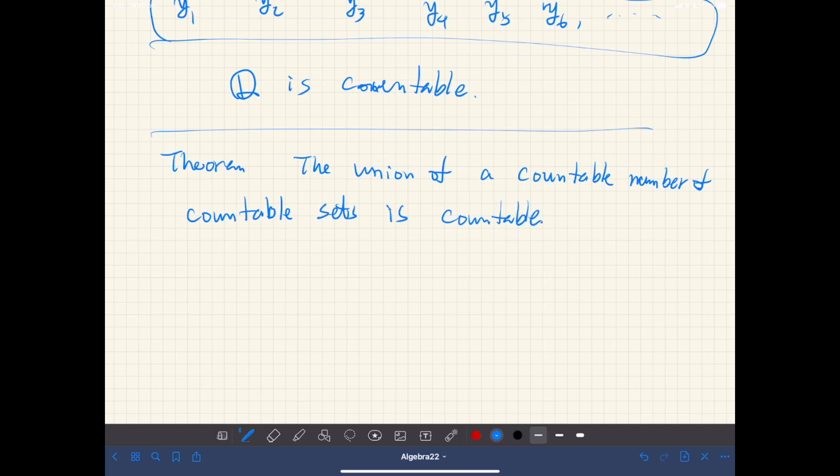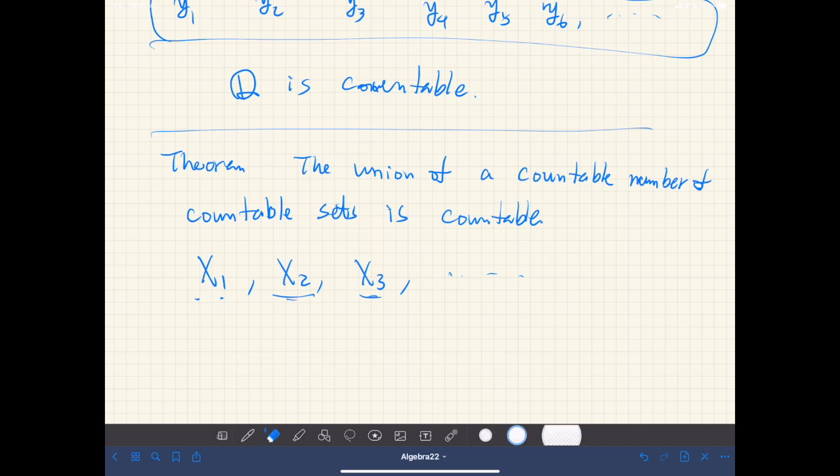Okay, so this may be confusing. The union of a countable number of countable sets is countable. Or in other words, the union of countably many countable sets is countable. So that means if we have sets x1, x2, x3, and so on, each of these is a set, and each of these is a countable set.